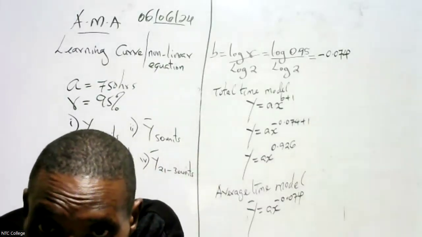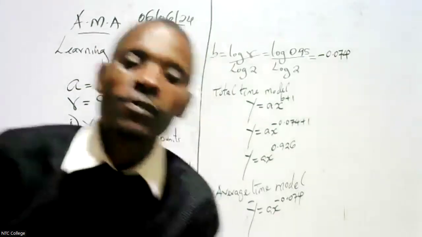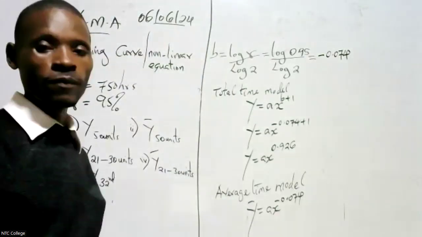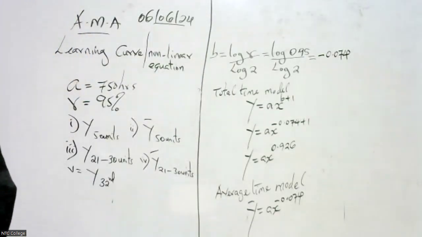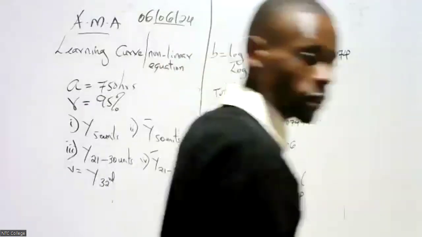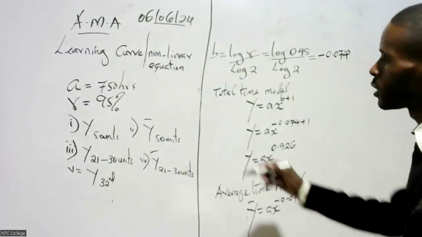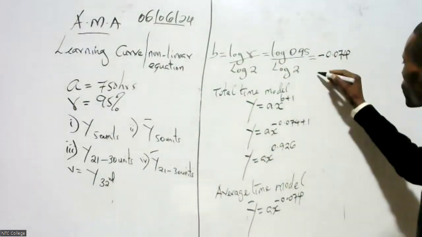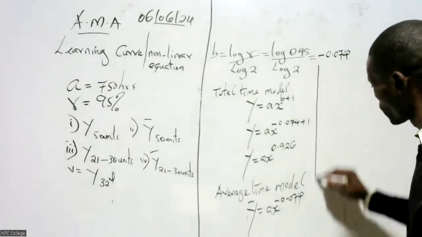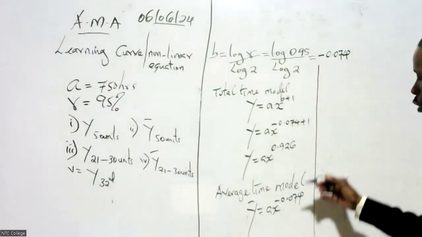Is that figures okay? All right. Now let us solve the first one. Time taken to produce the 50 units. So Roman 1.